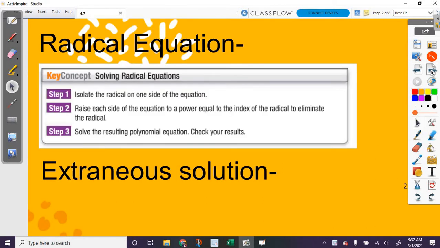So the first thing that we need to look at is what is a radical equation.